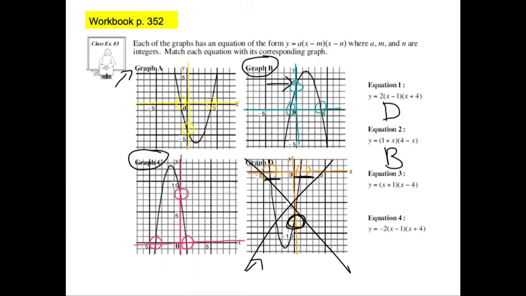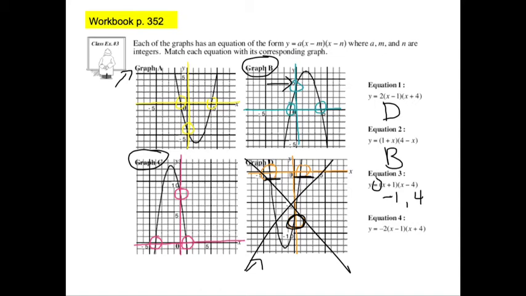With equation 3, you've got x plus 1, x minus 4. Your x-intercepts are going to be -1 and +4, and of course there's nothing in front. It's going to be a +1, so it's going to be graph A really, but we'll just confirm that.